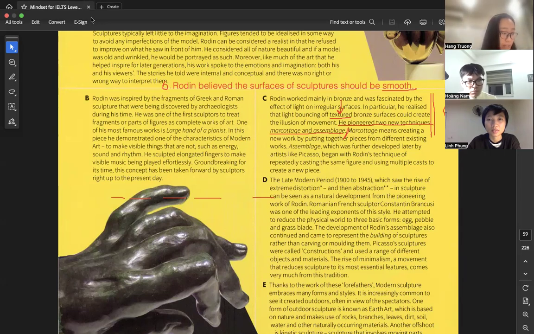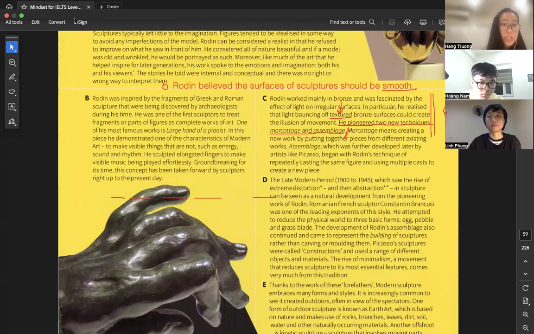And also, don't worry, because today we will also come back to the yes, no, not given task type. So you will have more chances to identify whether or not a statement is in accordance with the information in the text or not. Okay, so yeah, very good job.